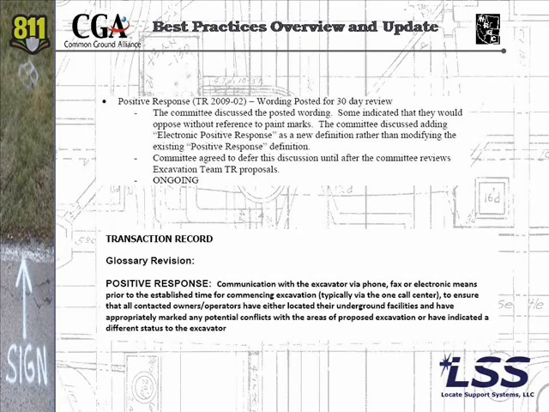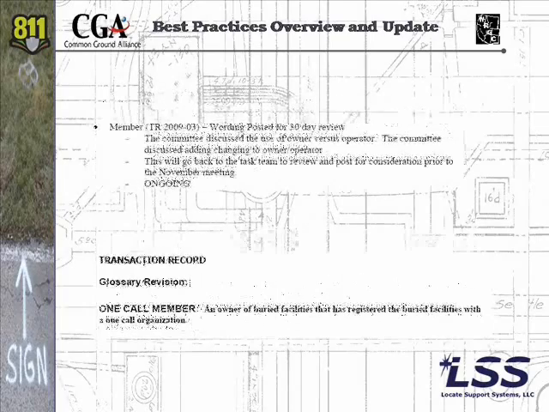And so during the discussion, there were some who were afraid that, since this doesn't indicate paint marks on the ground as a method of positive response, we really needed to indicate with a new definition what we were talking about in terms of electronic positive response back to the center. So we're holding back on this discussion. There's some additional information that will come up later where you'll see where this idea of using this definition may be further clarified by another TR that we'll be discussing in a moment.